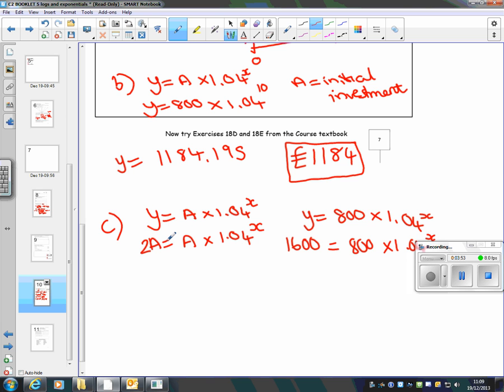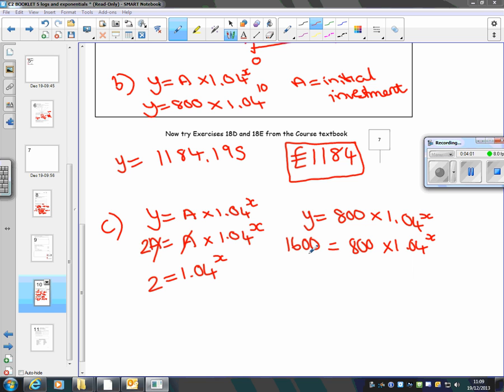So if we divide both sides by A, we get 2 equals 1.04 to the power x. If you were solving it this way, you'd get exactly the same thing. Divide both sides by 800, get 2 equals 1.04 to the power x. So we now need to solve an equation with powers, so we need to log both sides.